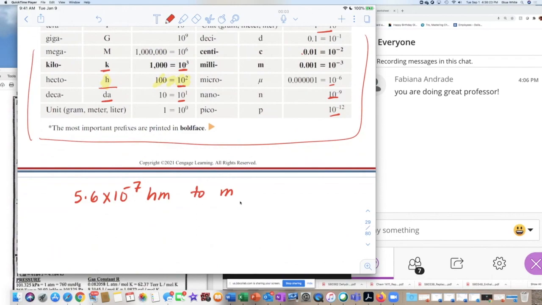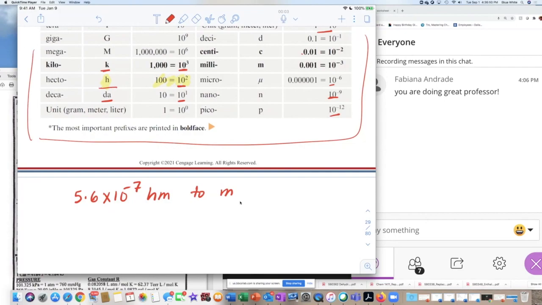Well, personally, what I would do first, to simplify it, I changed the 5.6 times 10 to the negative 7. I decided to put it in its base form. Sorry if you hear the rain.